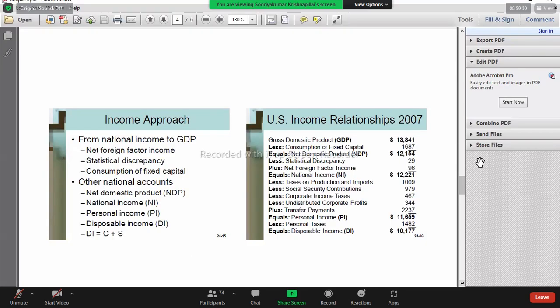The others are kept by the government, and corporations keep some profit, they don't pay it to the shareholders. So this is the personal income for the households. Even on that personal income, the government again taxes, the income tax. Already corporate income tax, but now personal taxes. Then after that, disposable income. That is the one they can consume or spend.